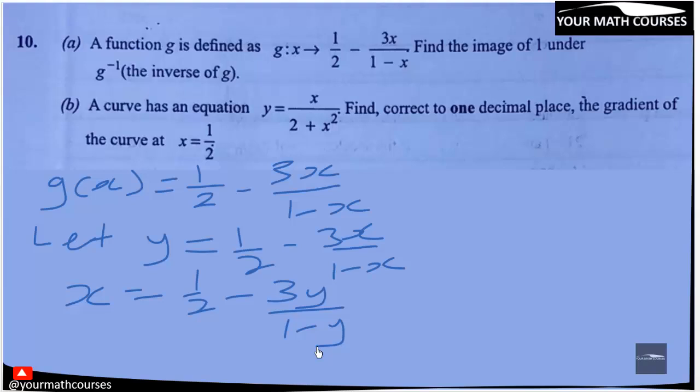So let's multiply through by 2 times (x minus y).